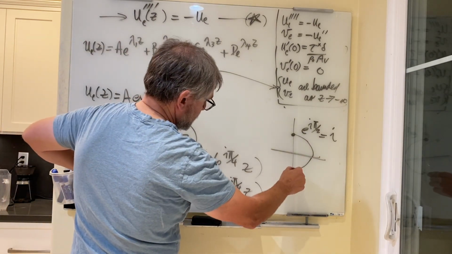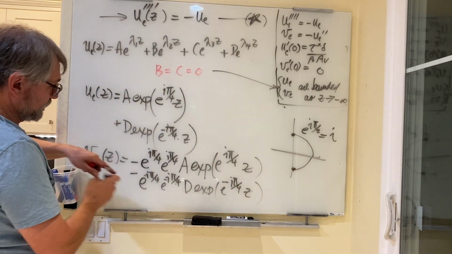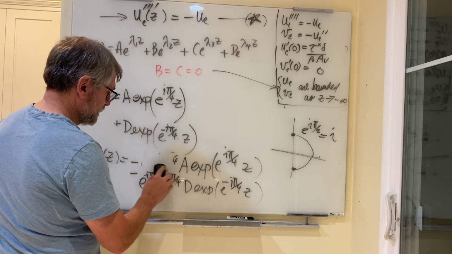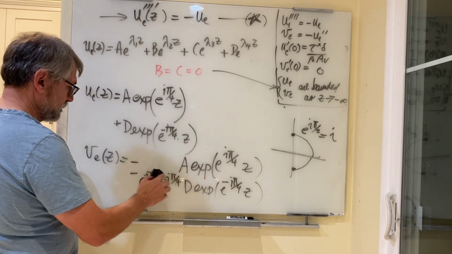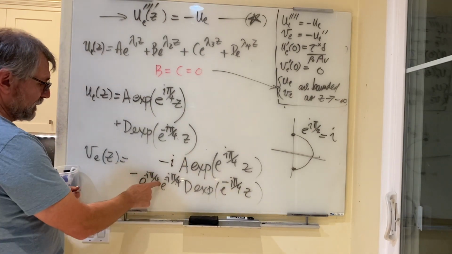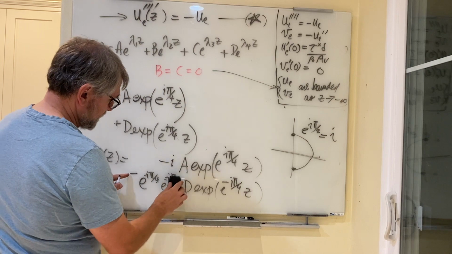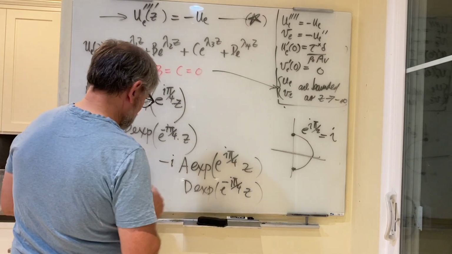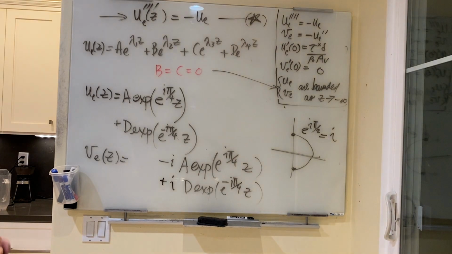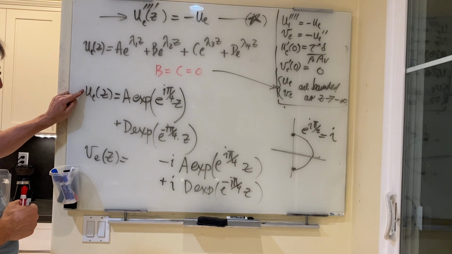That's down here. So this is equal to minus I. So over here, I'm going to replace this by I. And down here by minus I. Minus minus makes it plus. So this becomes plus I.